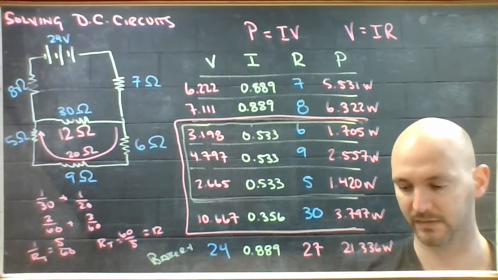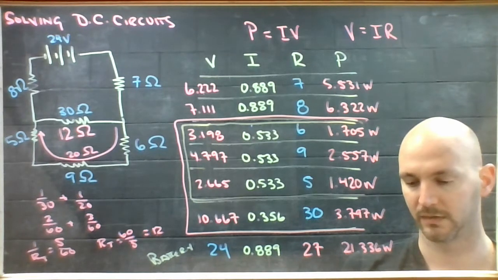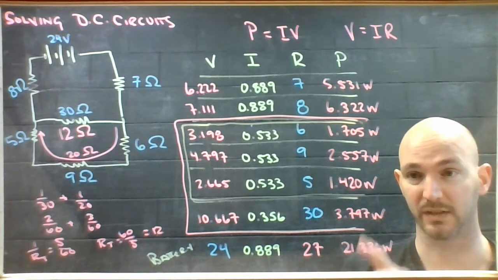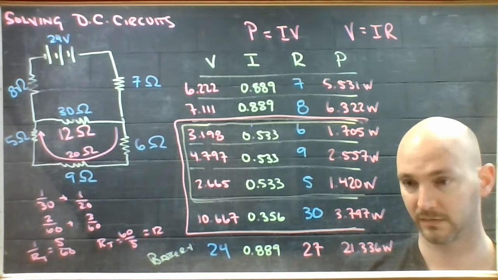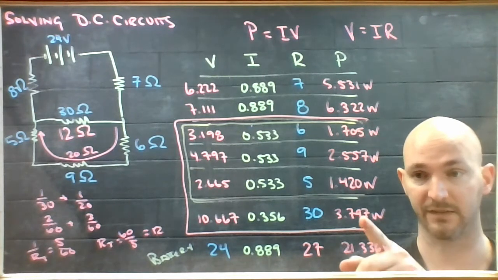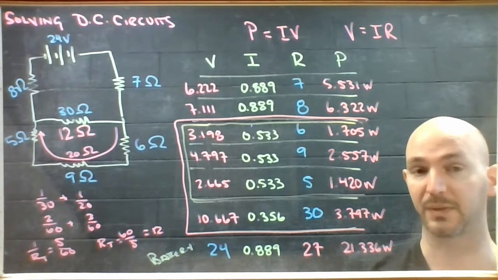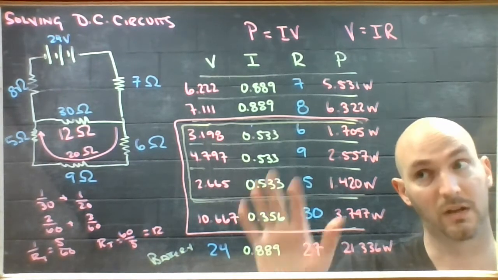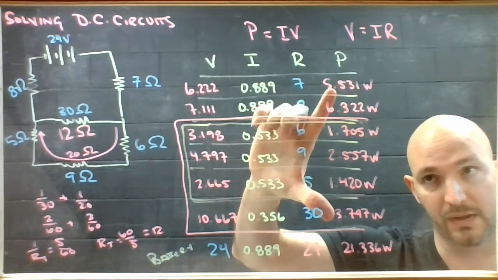Plus this one gives me 16.1. Plus this one gives me 17.5. Plus this one gives me 21.332.